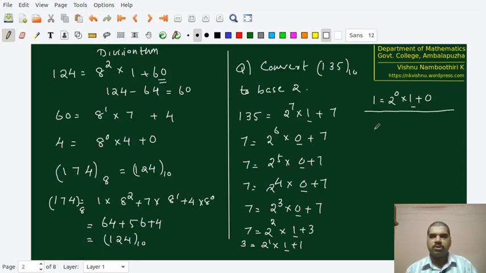So if you write all these together, then 135 in base 10 will become, in base 2, 1, 0, 0, 0, 0, 1, 1, 1, base 2. This is the base 2 representation of 135.